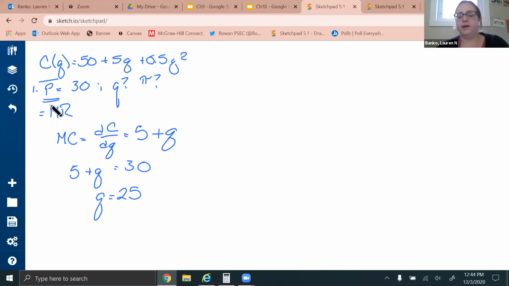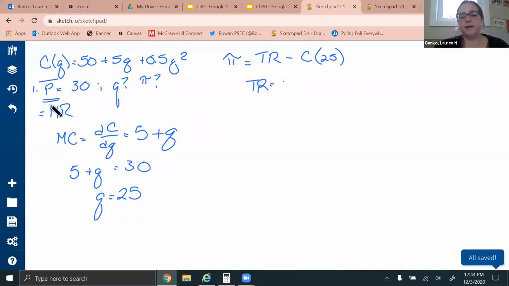And then we would just want to check the profit. So profit is going to be total revenue minus the cost of 25 units. Total revenue is price times quantity, so 30 times 25, or 750.